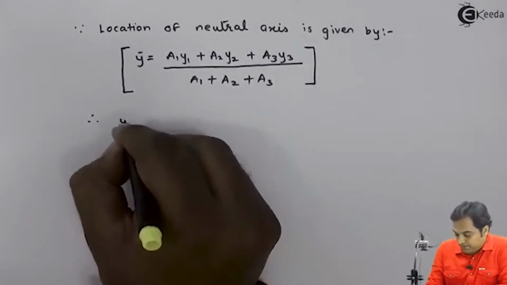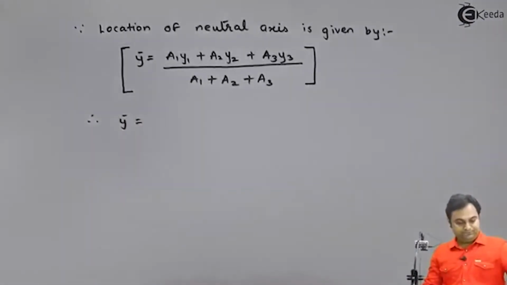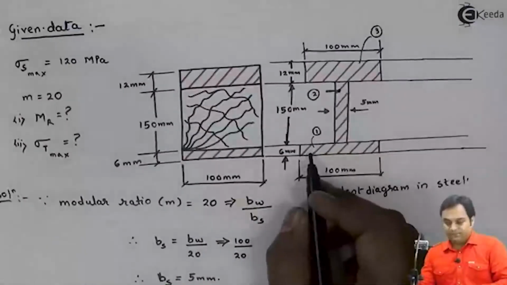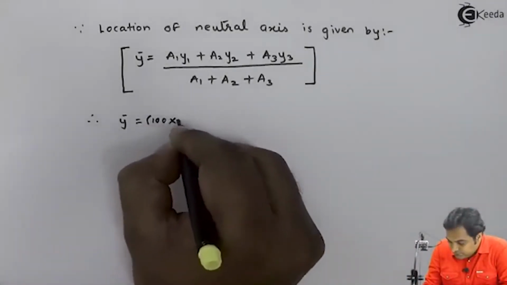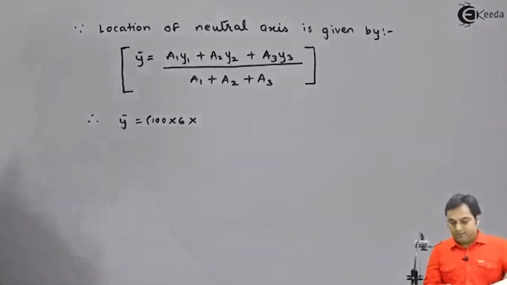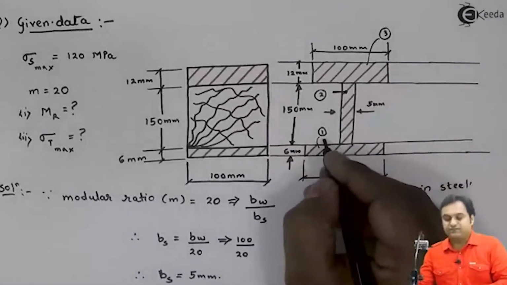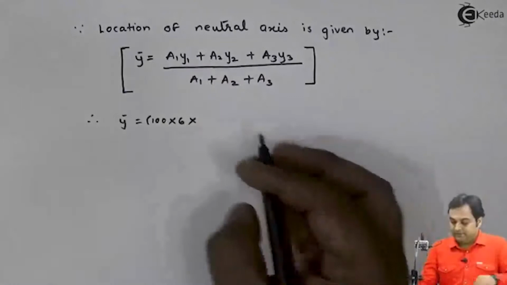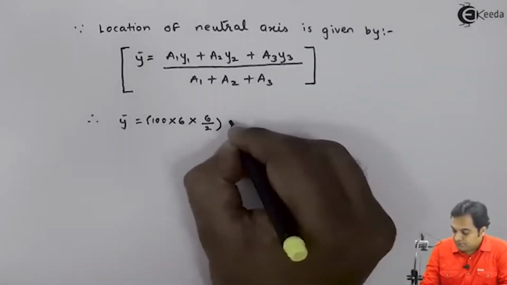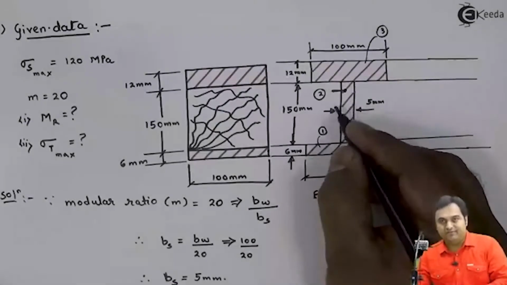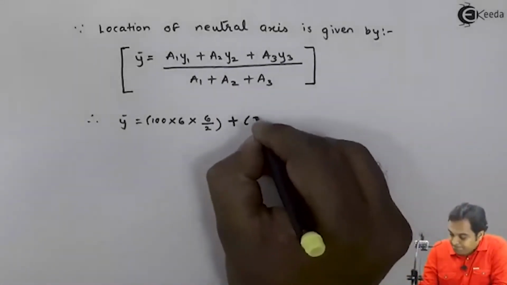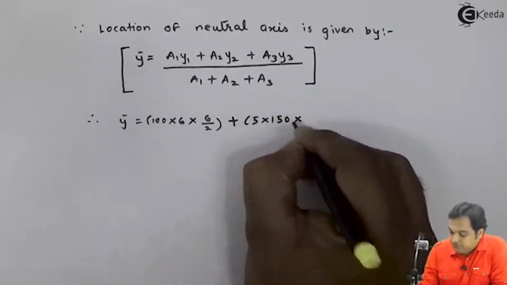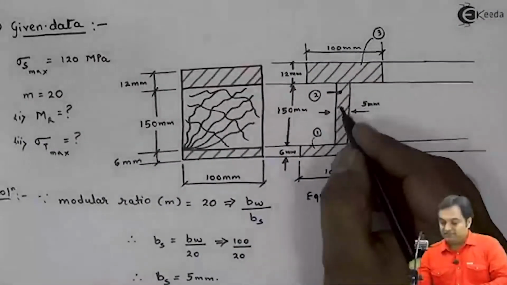Therefore, y bar is equal to area 1, which is this bottom rectangle having width 100 and depth 6, so it is 100 into 6 multiplied by y1. y1 will be the location of the centroid for the first rectangle, so it would be at half of 6, that is 6 by 2, plus area 2, which is given by this middle portion, or you can say web, having width 5 mm and depth 150, so it is 5 into 150 area, multiplied by the location of the centroid for the second rectangle.